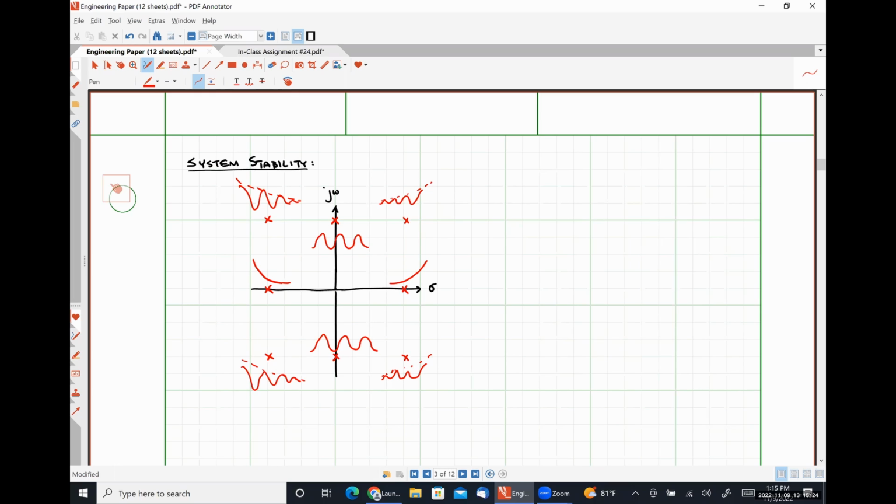For our poles on the imaginary axis, we have marginal stability, which mathematically is perfectly fine, okay? The output of the system is bounded. Nothing bad is going to happen. We literally generate oscillation from a DC response, okay?